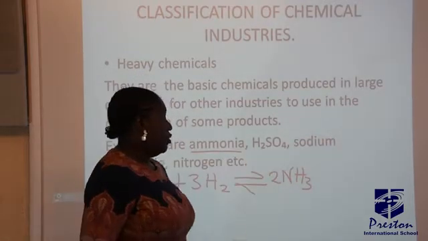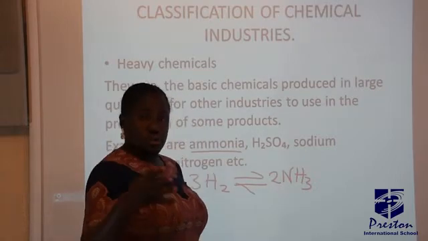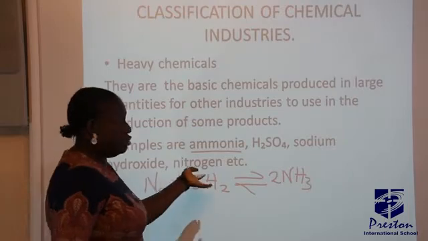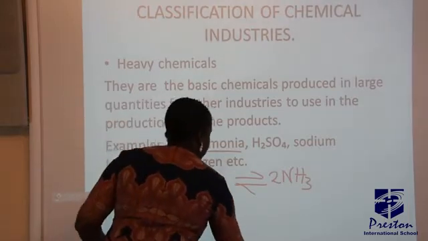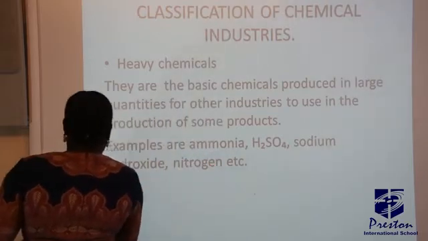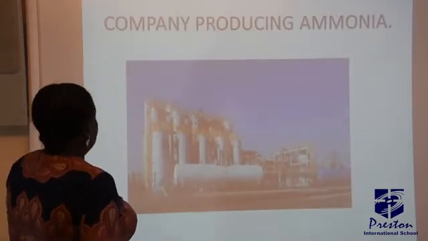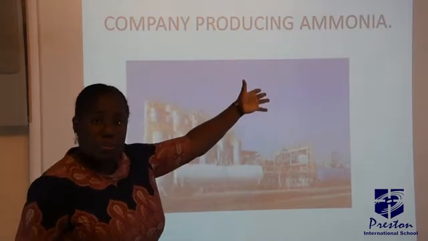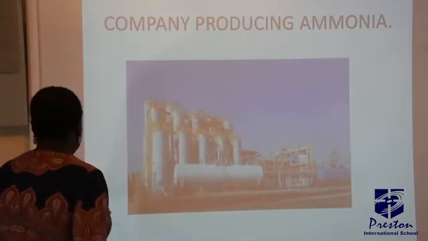Sulfuric acid also is an example of a heavy chemical. Sodium hydroxide, nitrogen, etc. Now, there's a picture of a company that produces ammonia.